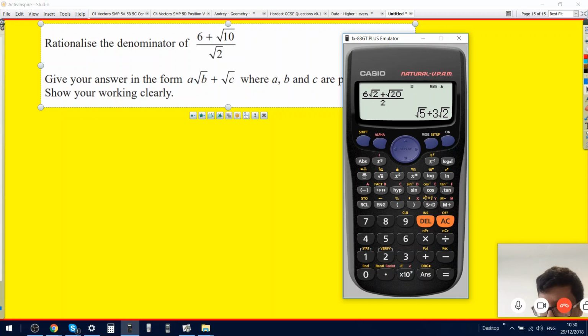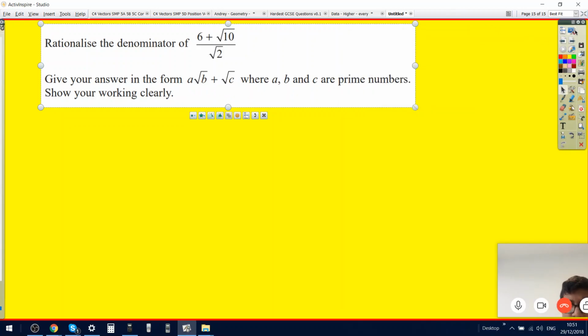But you're correct. You can literally just put in the question, 6 plus root 10 over root 2, and that will guide you towards what you need to do. Root 5 plus 3 root 2. Yep. And they wanted it as 3 root 2 plus root 5. Okay, so same thing.